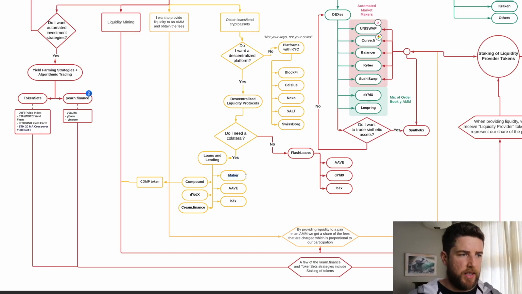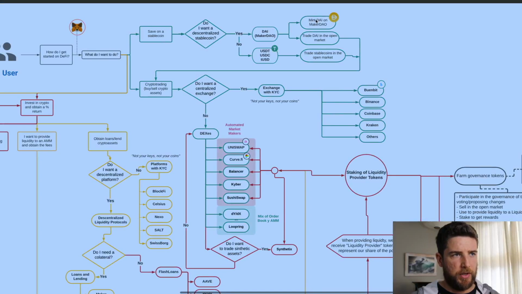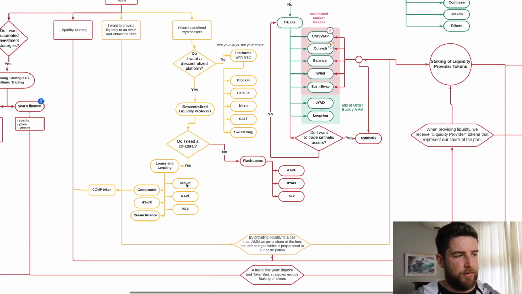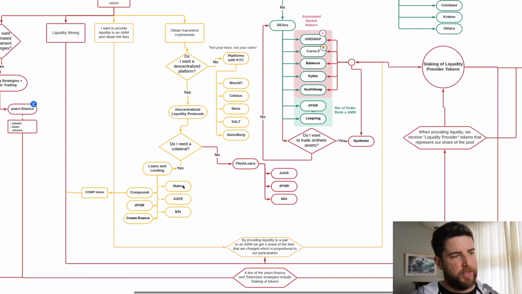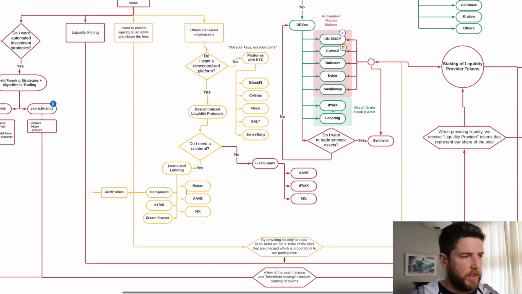I put Maker here. Remember, Maker is the one that we talked about, where you can create DAI, because it works really, really similar to a money market. The only difference is that with Maker, you are creating new money when you lock your collateral, and with the other protocols, you're basically borrowing from a pool that other people put money into.